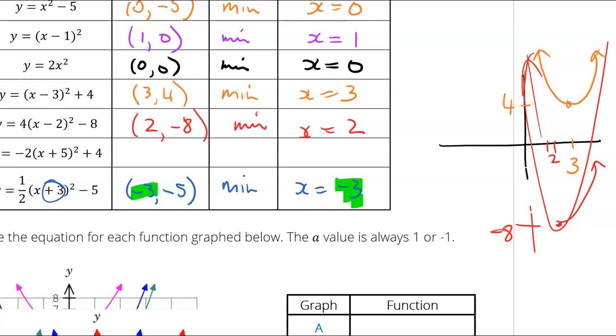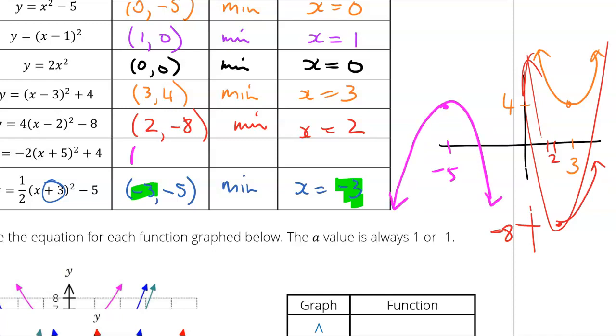Next one, -2 times (x plus 5) squared plus 4. What's that going to look like? Yep, turning point (-5, 4). It's going to be narrower than your normal x squared, but it will be upside down. How do I know it's going to be upside down and give me a maximum?